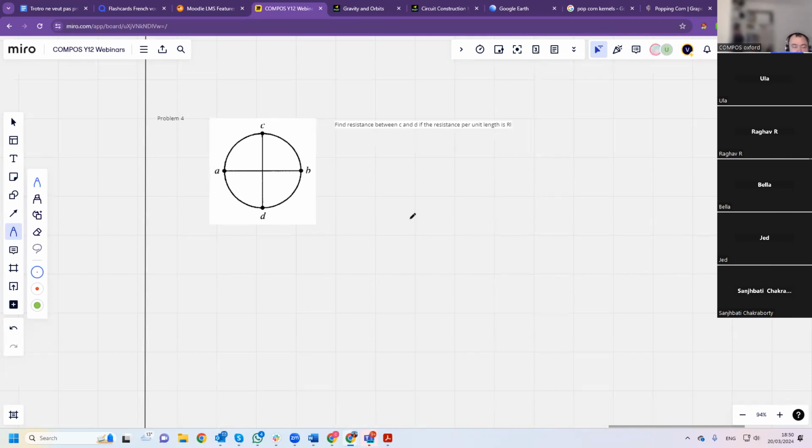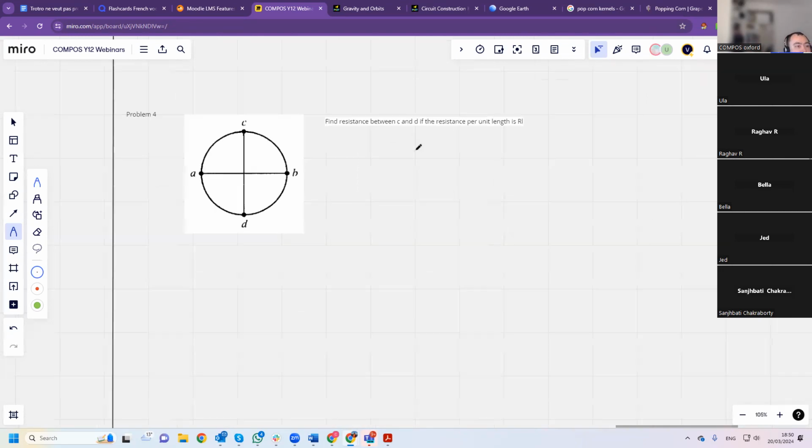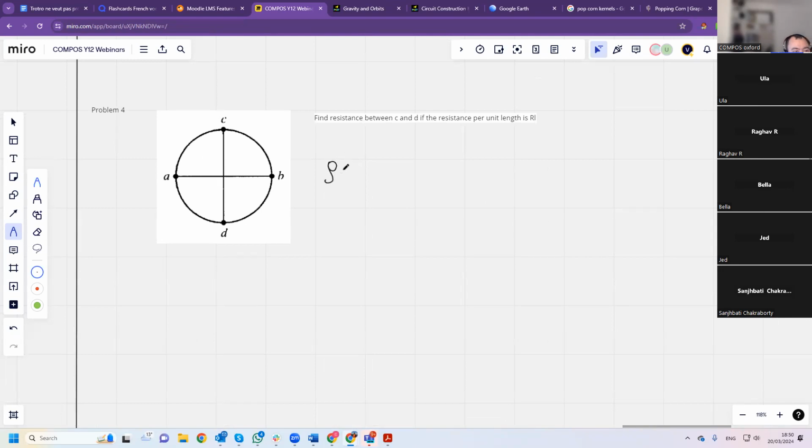In the A-level course or an equivalent course, you will learn about resistivity, and resistivity is the resistance per unit length per area.